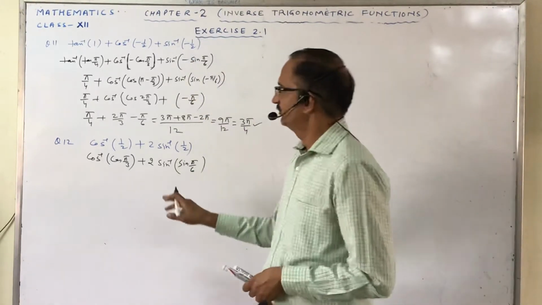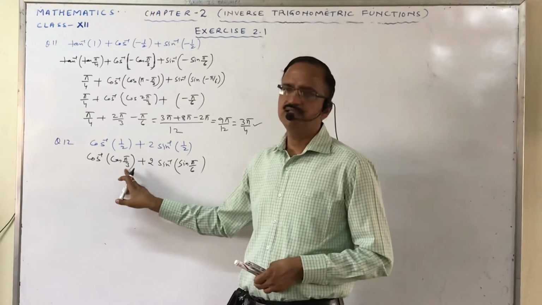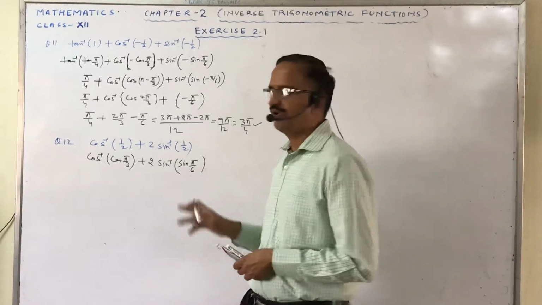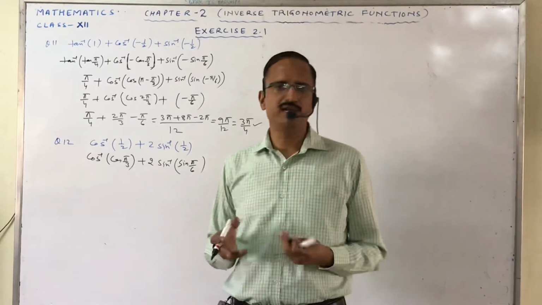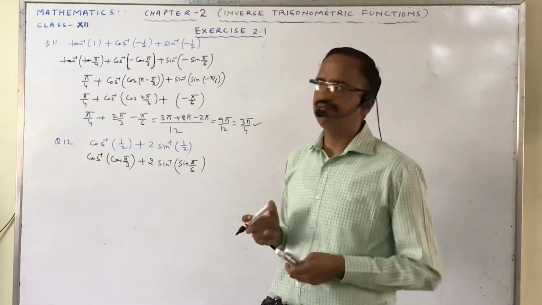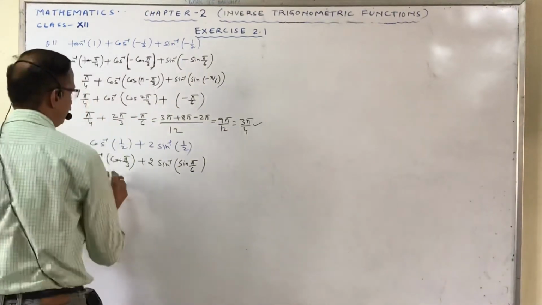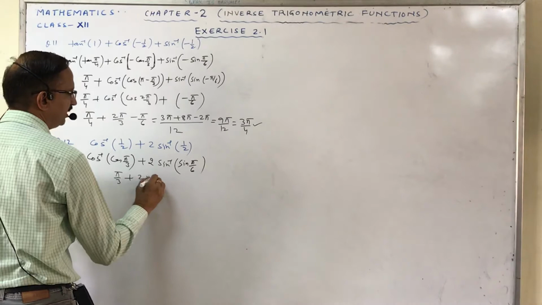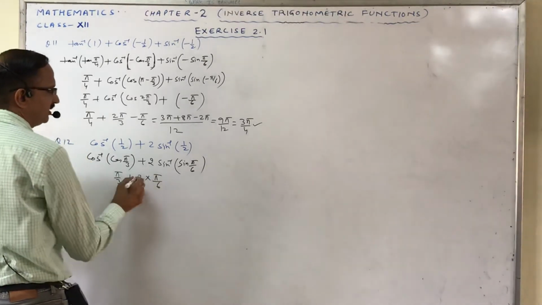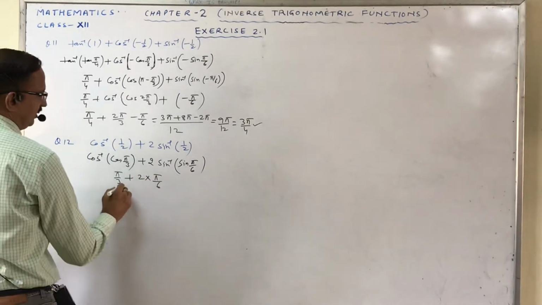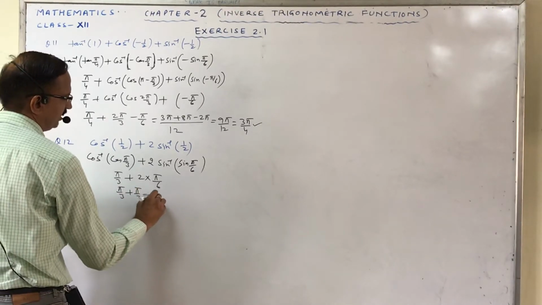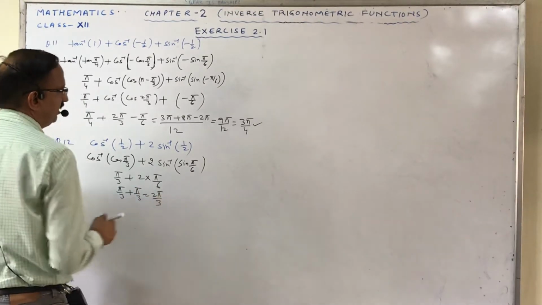Now, this pi by 3 is the value that lies in the principal branch of cos inverse, and pi by 6 is also the value that lies in the principal branch of sine inverse. So directly these cancel out and we will get pi by 3, this is 2 and this is pi by 6. This cancels out and we will get pi by 3 and this is also pi by 3. So the answer is 2 pi by 3.